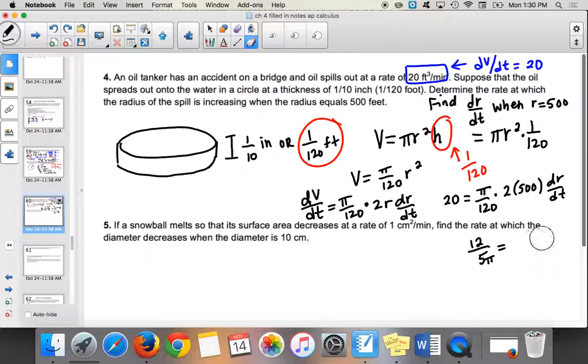Everybody find that decimal approximation for me. All right, wait. Don't blurt it out, because this is a mistake that a lot of people make.